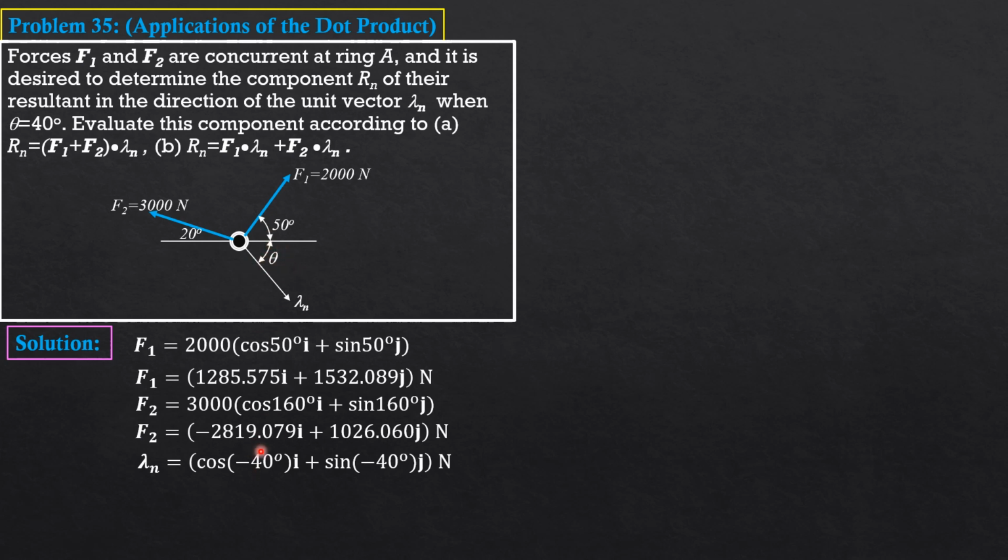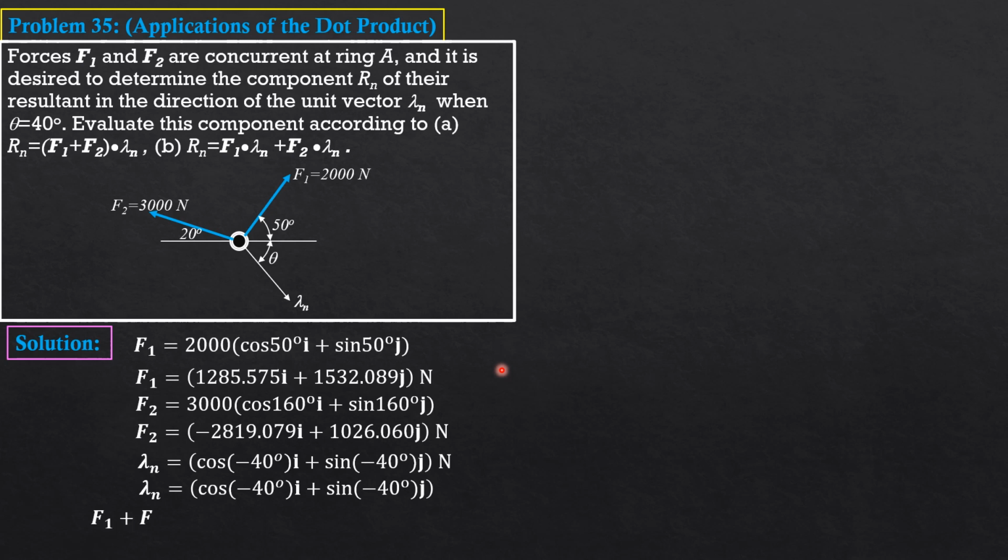Or the other way, if you make this positive, cosine of 320 degrees, 360 minus 40 is 320 degrees. You can change negative 40 degrees to 320 degrees. Anyway, they are the same, same expression.